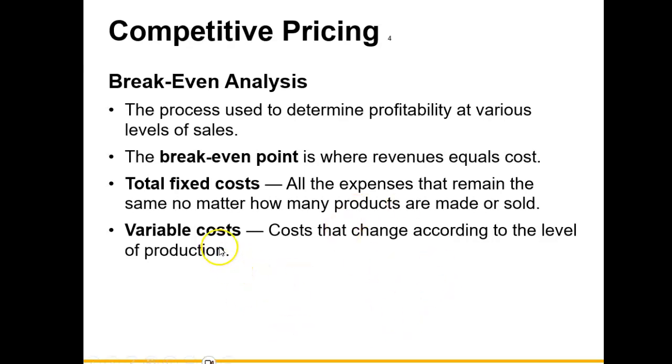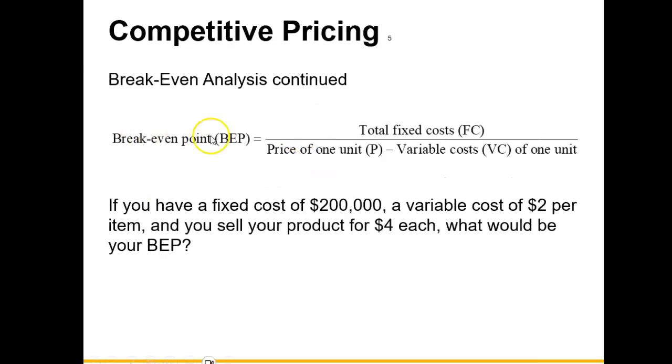Compared to a variable cost, costs that change according to the level of production. So variable cost could be the cost of material per product, or it could be the labor cost per product. So now the more products I make, that's going to increase my total variable cost. Here we have an equation known as the break-even point that simply says how many units I have to sell before I can break even.